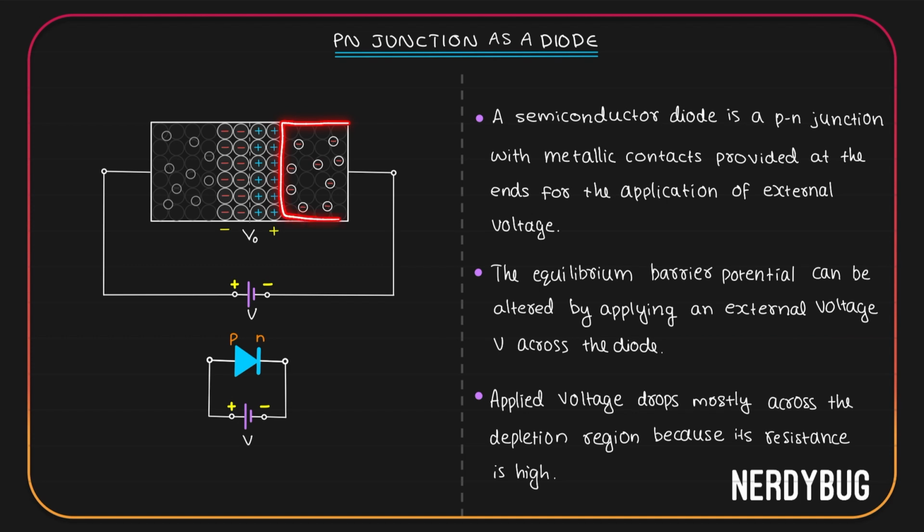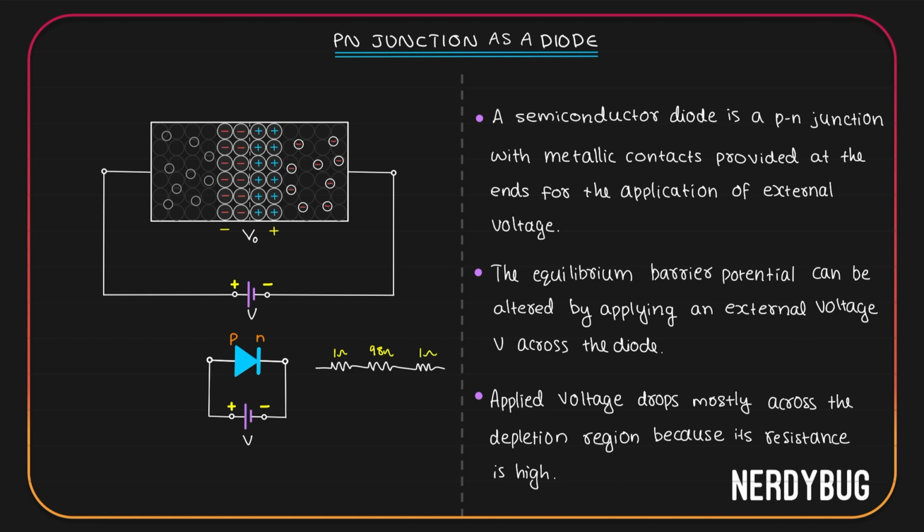Now, if we simply take the N part and the P part of the semiconductor, they have loads of carriers in it and they are all free for conduction. That means their conductivity is really high, their resistance is really small. For you to understand this concept better, let's take three resistors. First one is 1 ohm, second one is 98 ohm, third one is again 1 ohm.